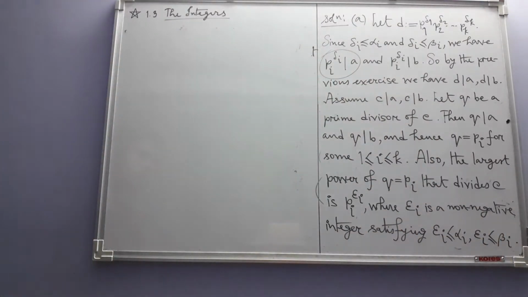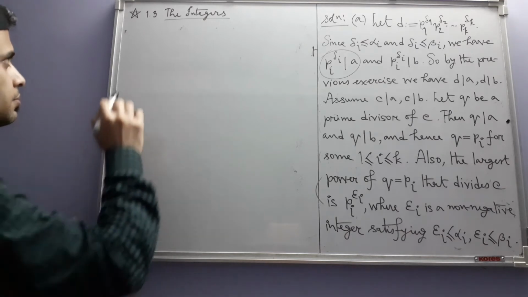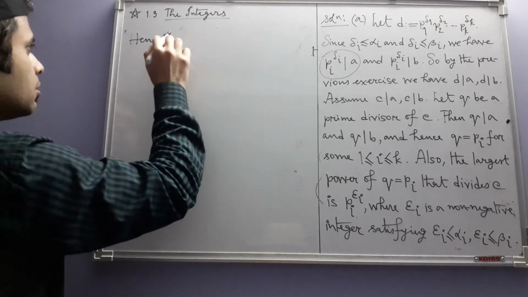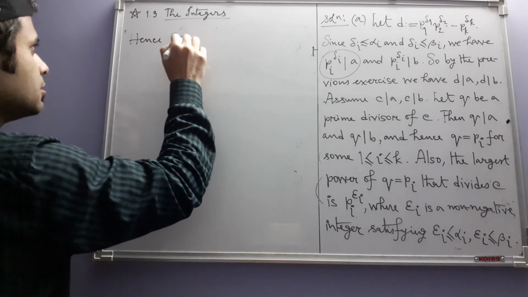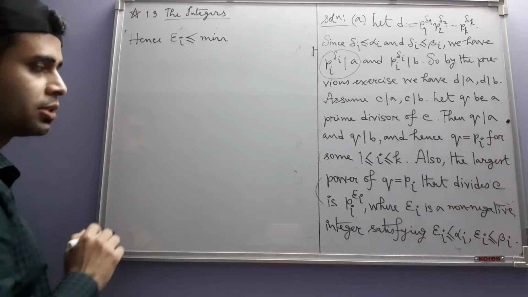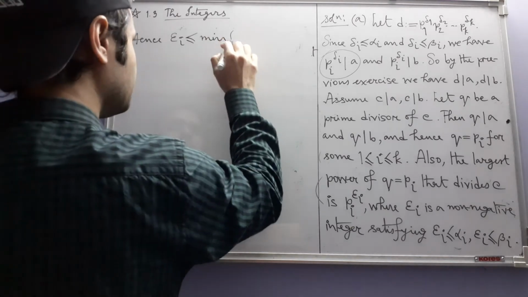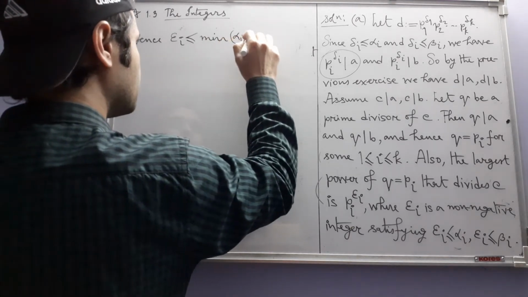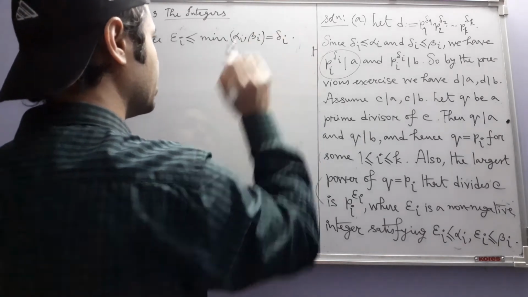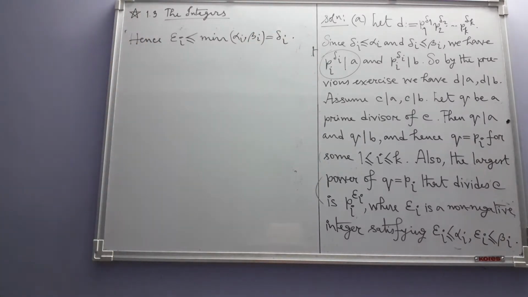So the conclusion that we draw from these two inequalities is this. Hence, epsilon I is less than or equal to, since it's less than or equal to both the numbers, it's less than or equal to their minimum, which is nothing but delta I. Okay?